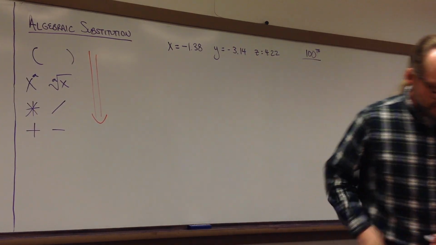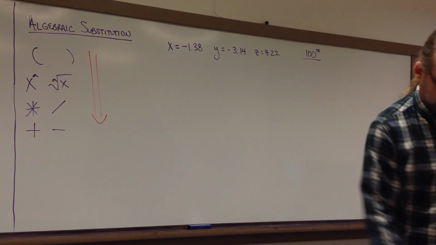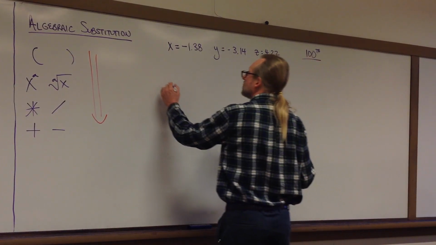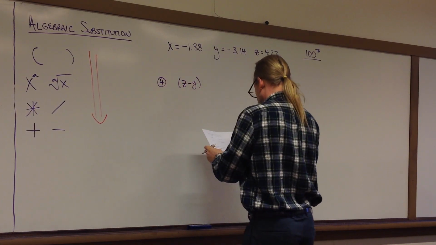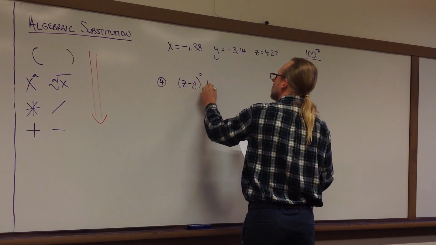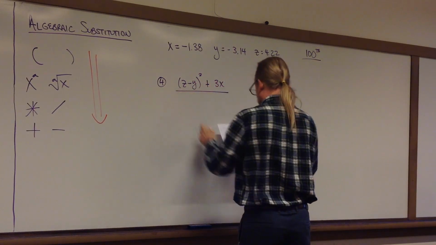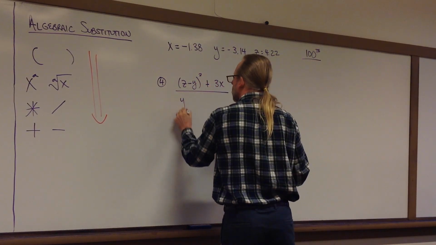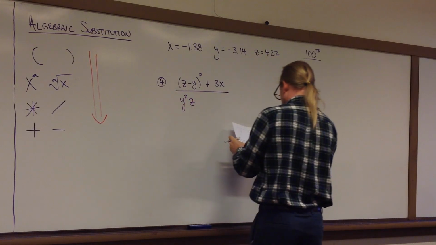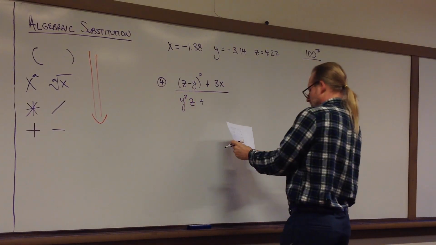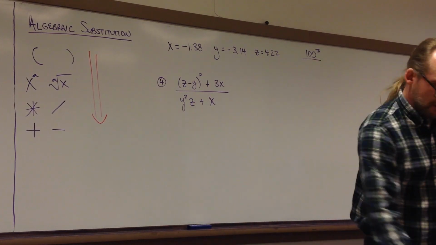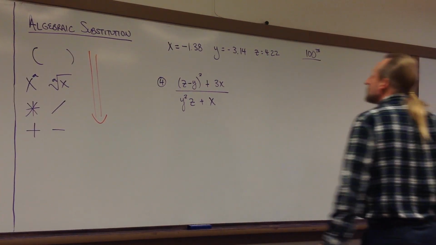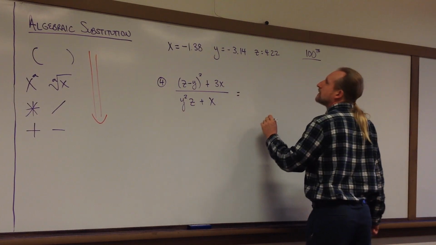Problem 4. Z minus y squared plus 3x, over y squared z plus x on the bottom. Let's plug these in here.